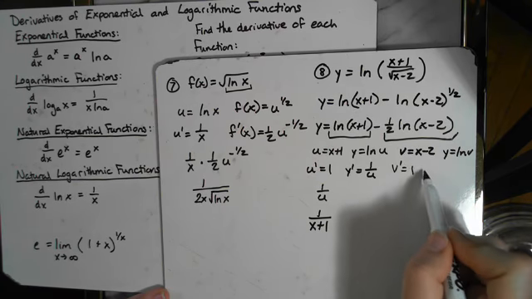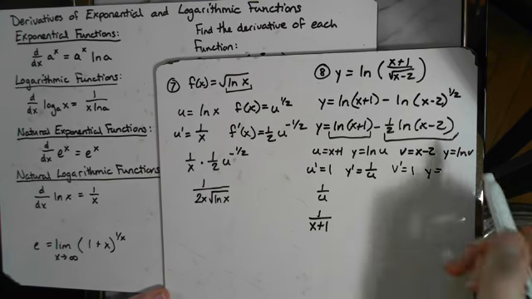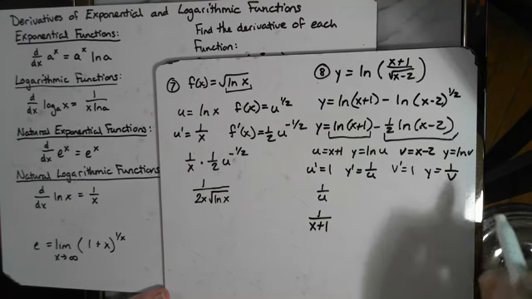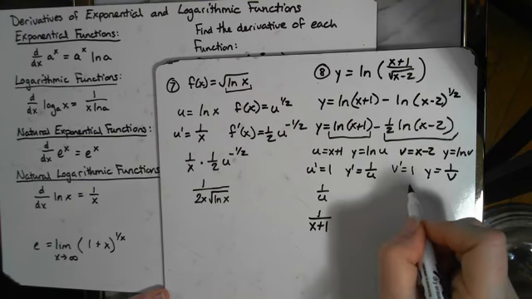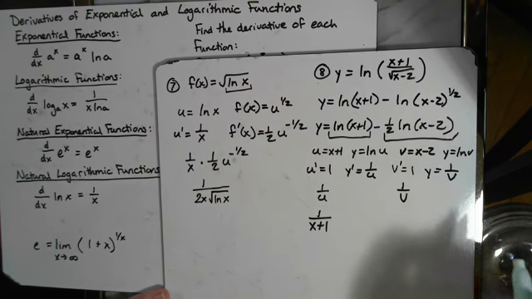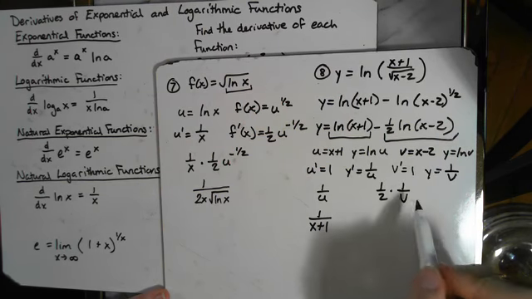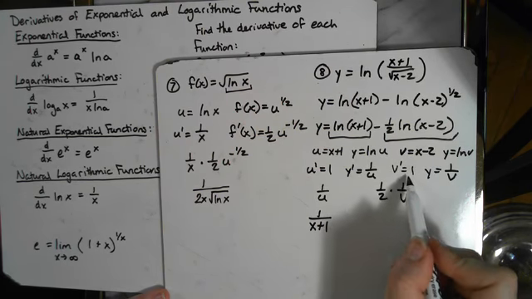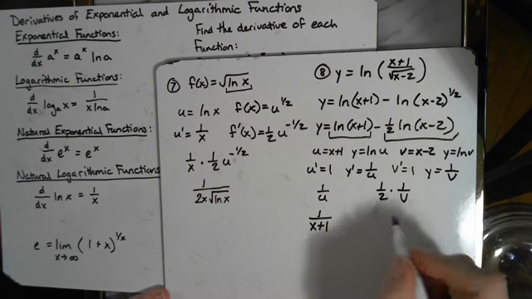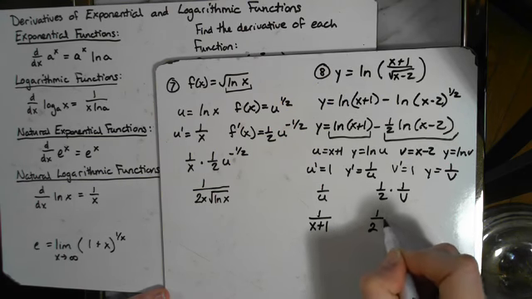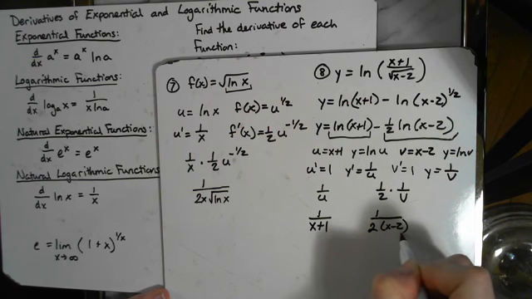The derivative of this is going to be 1 over v. I multiply them together. Don't forget about the 1/2 that used to be there. And then I replace my v with what it's equal to, x minus 2. So it's 1/2 times 1 over x minus 2.